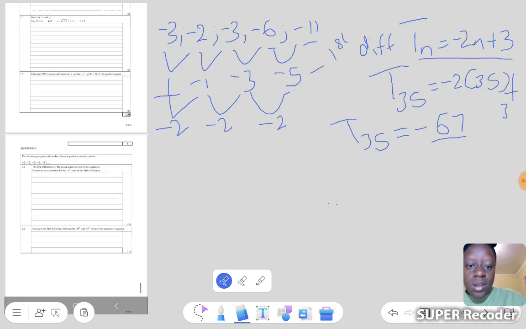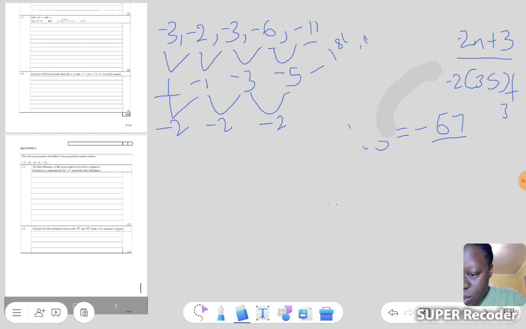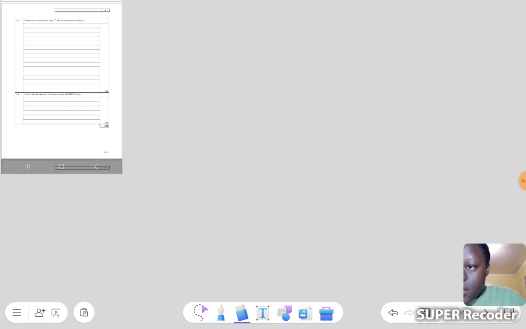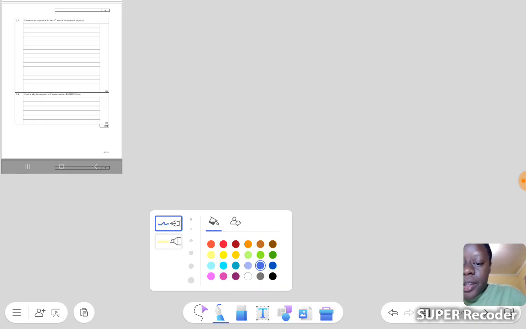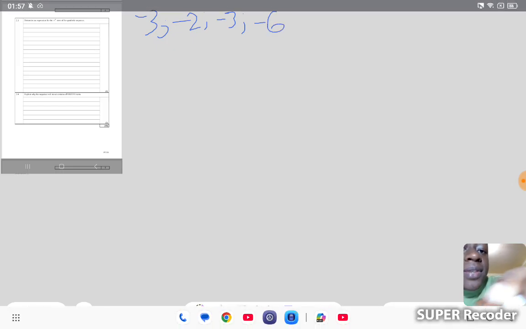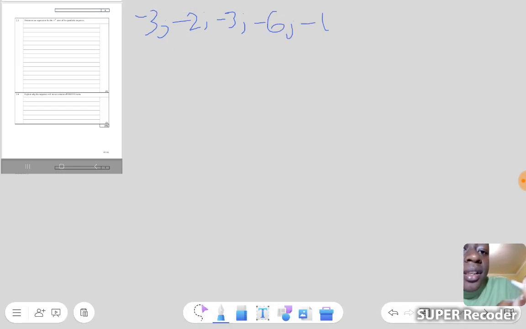So let's go to question 2.3, where it says that, let me first write our sequence: negative 3, negative 2, negative 3, negative 6, and negative 11.